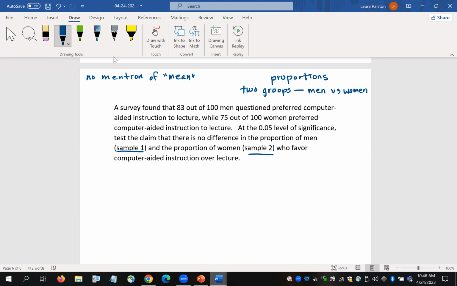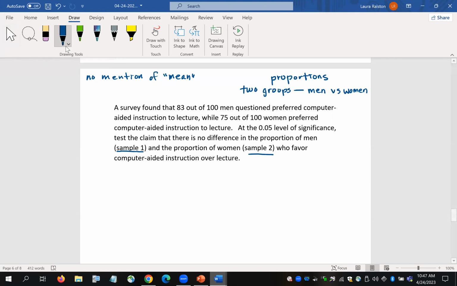Whichever group is mentioned second becomes sample 2. So if you look in this paragraph, the men were mentioned first, therefore they're sample 1, and the women were mentioned second, so they're sample 2. And they're asking them questions about computer-aided instruction.